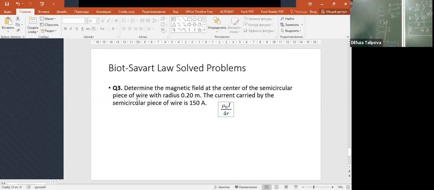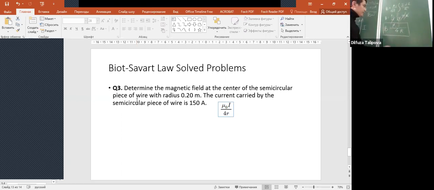This one. I will put the numbers instead of the mu 0, I and r. So mu 0 is equal to 4 pi multiplied by 10 to the negative 7, multiplied by I, 150 amps, divided by 4r. R is equal to 0.2 meters.